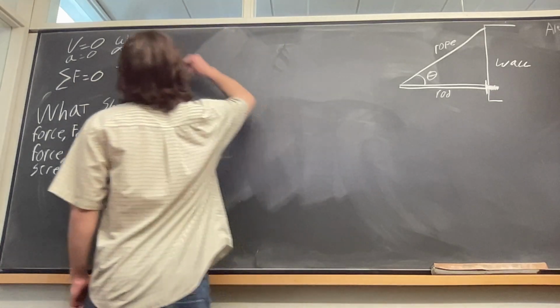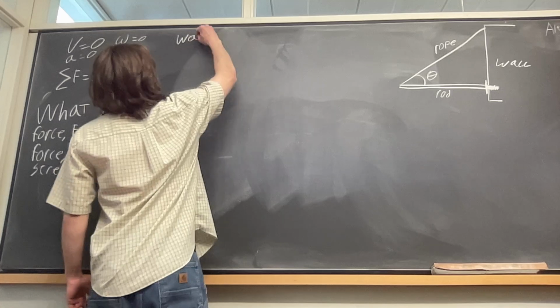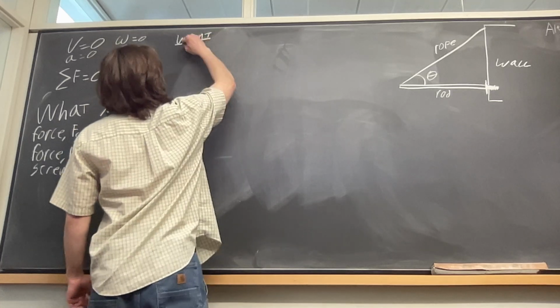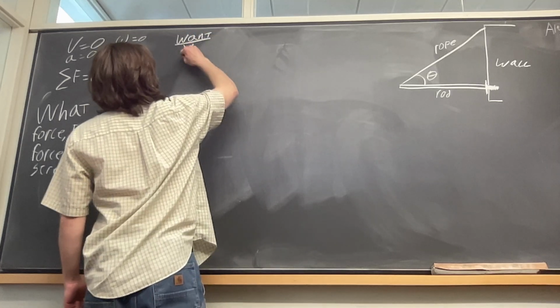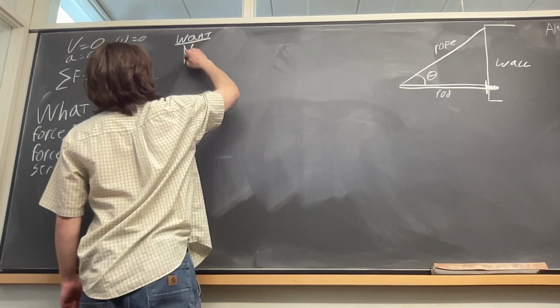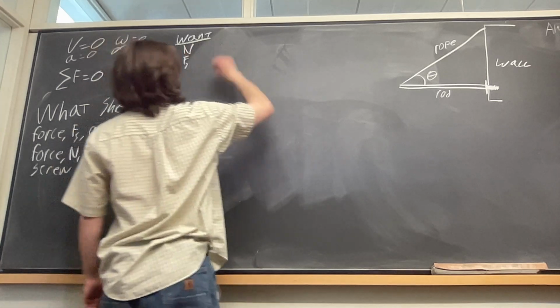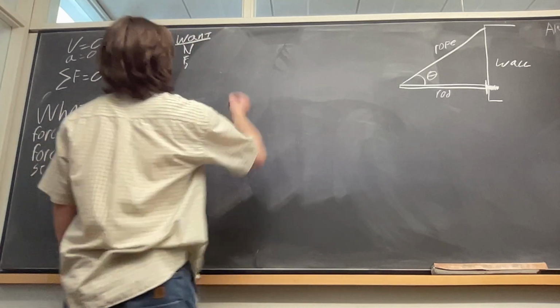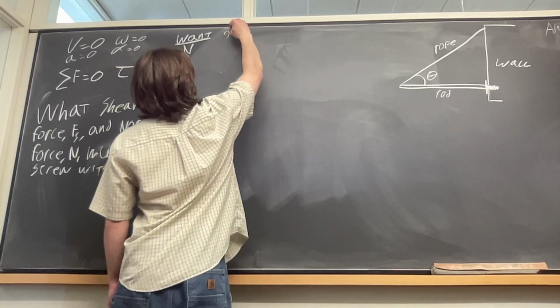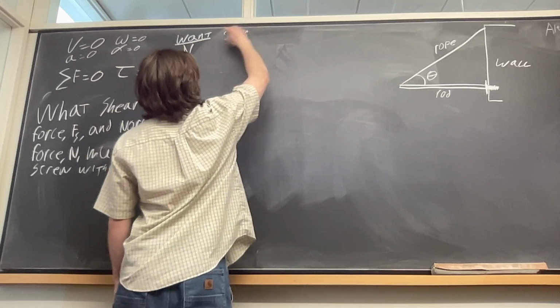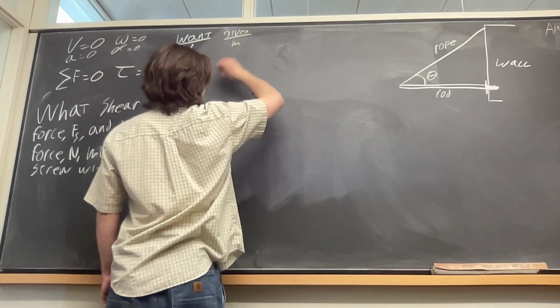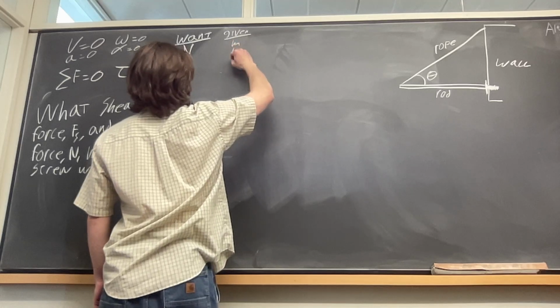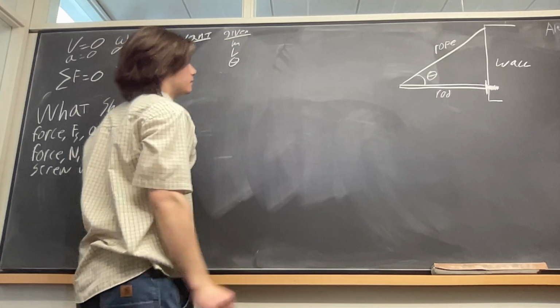That means that we want N and Fs, and I didn't write this, but in this case we're given the mass of the rod, we're given the length of the rod, and we're also given theta.